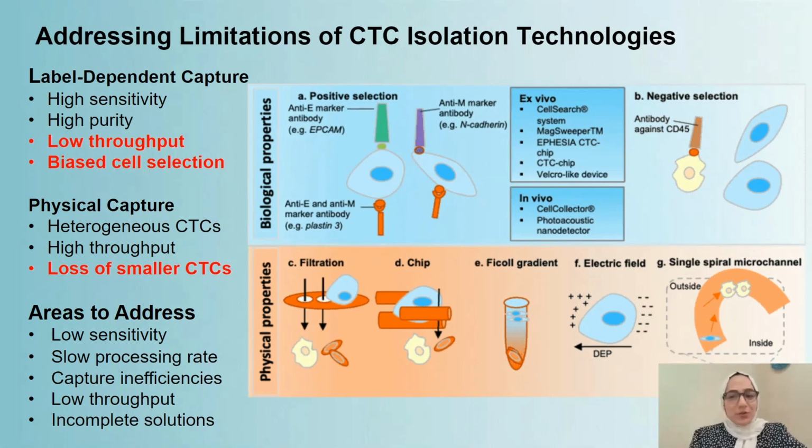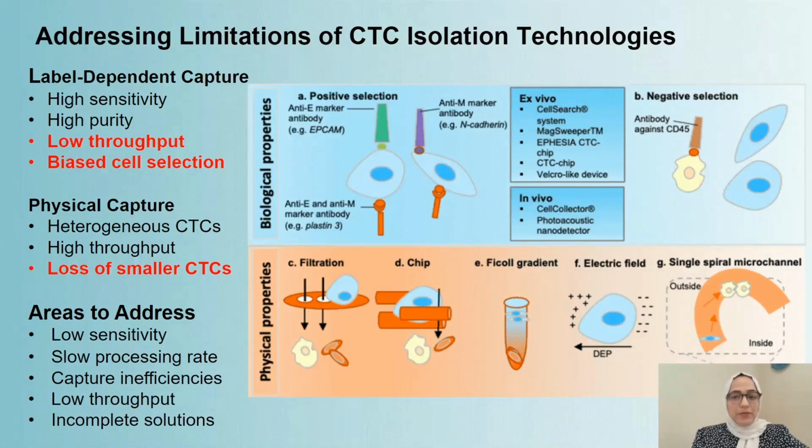There are two main approaches that have been used for CTC isolation: label-dependent and physical capture. In label-dependent capture, they're using affinity reagents to target surface proteins on cells. This was previously widely used for its highly sensitive and high purity isolation, but this method has low throughput and can also produce biased cell selection.